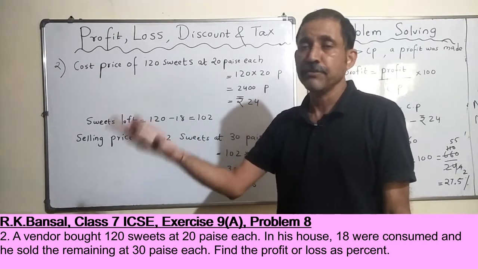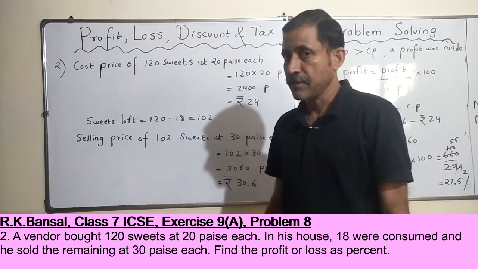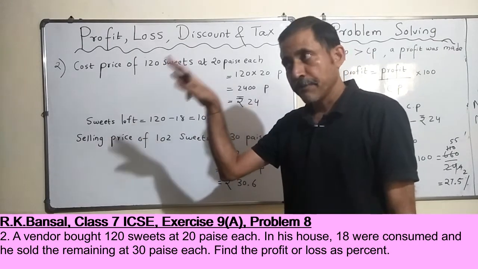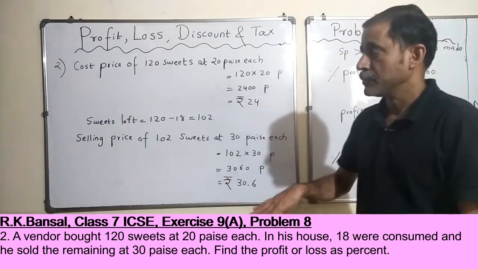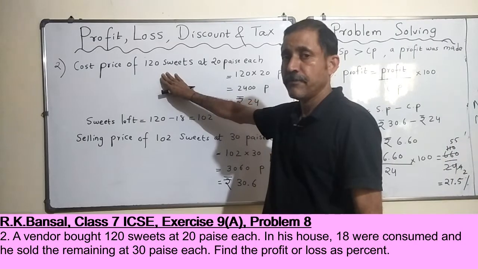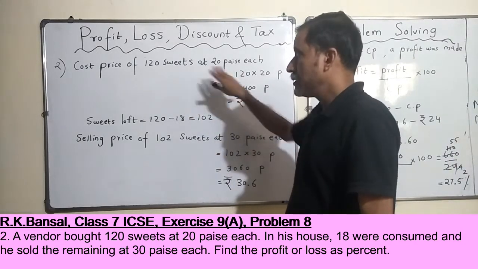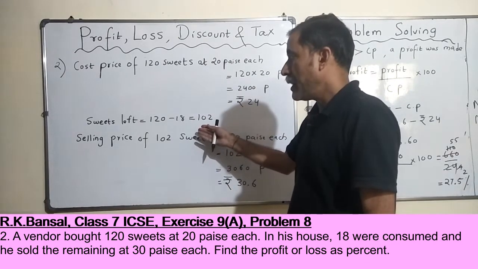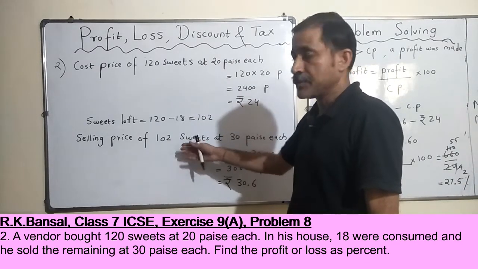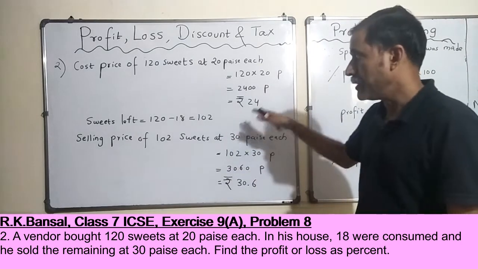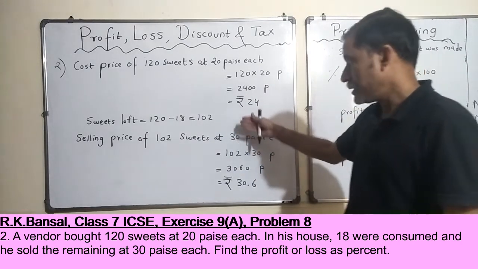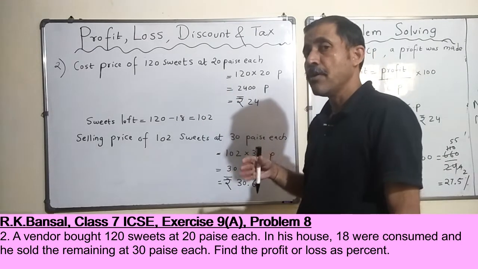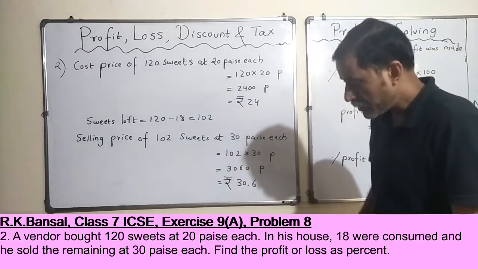So whatever you invested, that is your cost price, right? So similarly, if transportation cost was also included, whatever you paid for the article plus transportation cost. So he had invested 24 rupees for 120 sweets at 20 paise each, right? So even if some were eaten up, still his cost price remained the same. Your selling price should be based on what you sell, and your cost price should be based on how much you invested. Okay, all right, that sounds good.